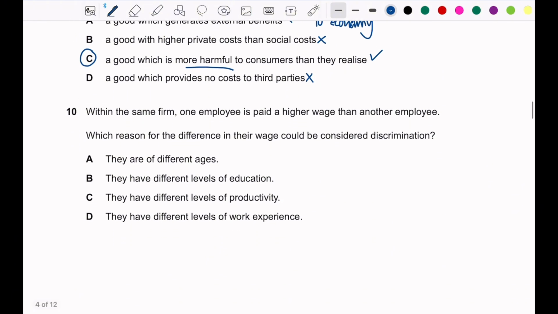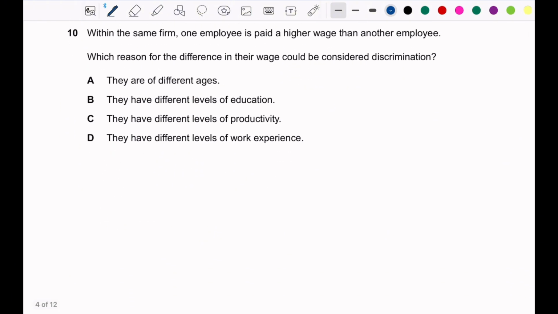Question 10. Within the same firm, one employee is paid a higher wage than another employee. Which reason for the difference in their wage could be considered discrimination? So something that is unfair treatment among the employees. First, they are of different ages. Yeah, this can be discrimination.